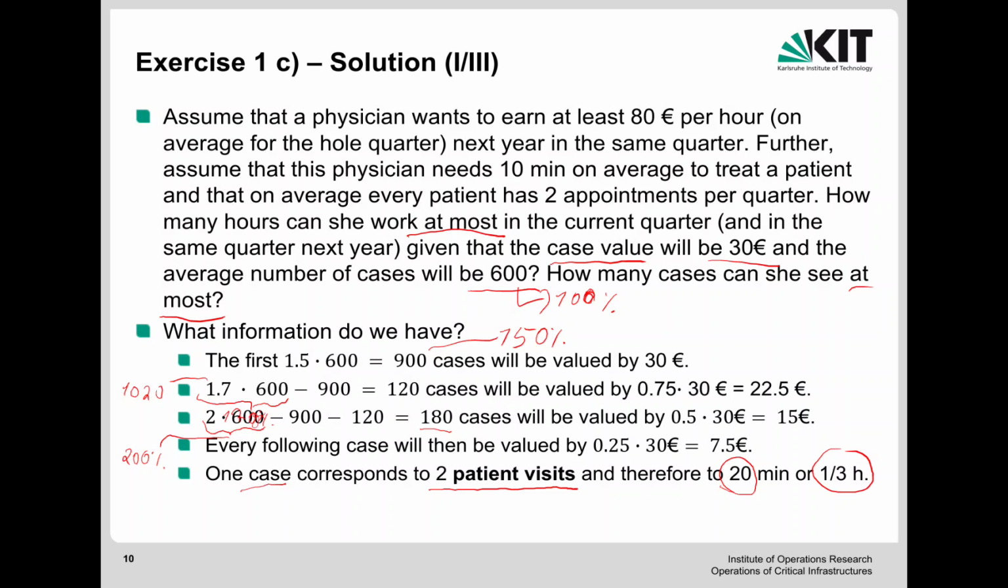So we know all these limits and the diminishing factors: 900 will be evaluated by 100%, 120 by only 75%, 180 by 50%, and everything else by 25%. And we know the according case values for these cases.